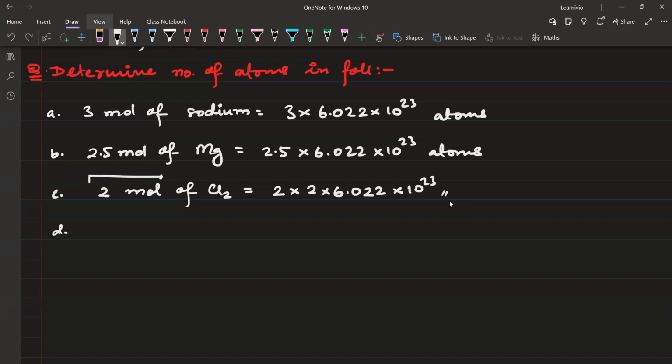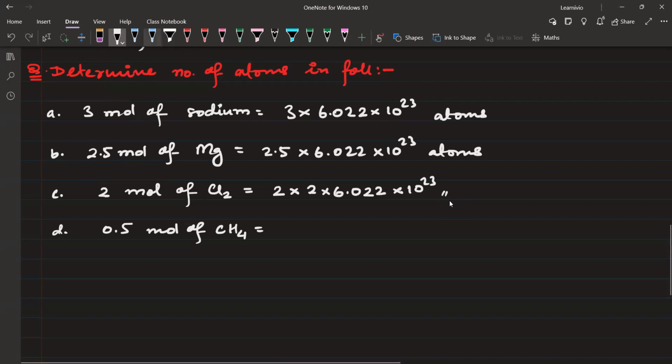Okay. Now, let us suppose if you have something like this, 0.5 moles of CH4. So how many atoms are there? You guys will tell me.